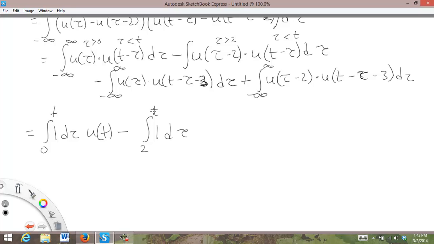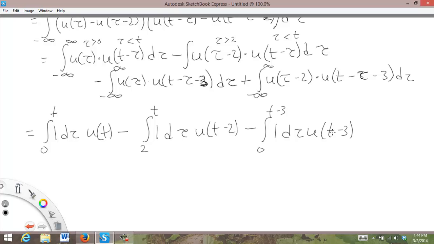And now t has to be greater than 2, so I have a u of t minus 2 afterwards. The third one is tau greater than 0, less than t minus 3. Integral from 0 to t minus 3 of 1 d tau, u of t minus 3.